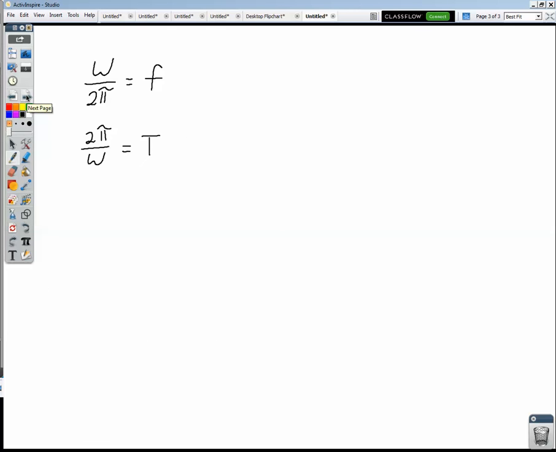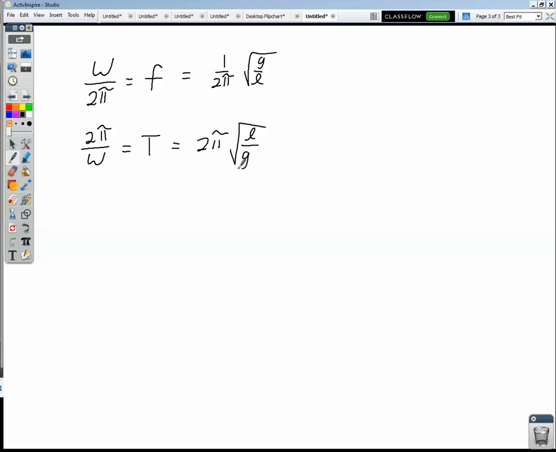So we've got our standard relationships between the frequency and the angular frequency. Omega over 2 pi is equal to f, and 2 pi over omega is equal to the period. So the frequency becomes 1 over 2 pi times the square root of g over L. And down here, the period is going to be 2 pi times the inverse of that, square root of L over g.